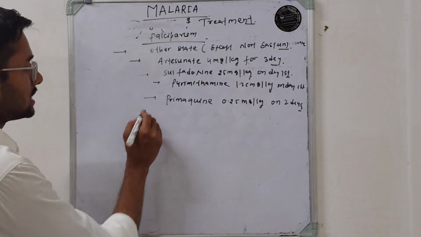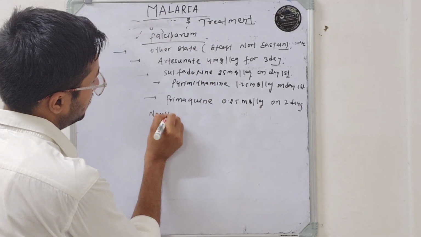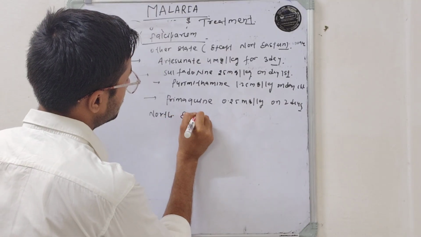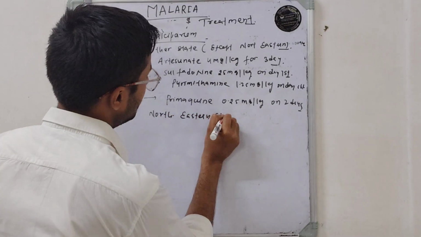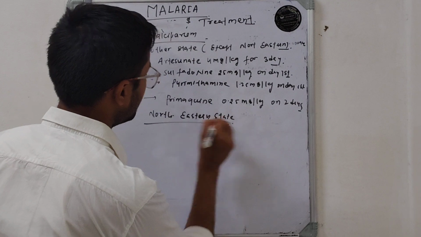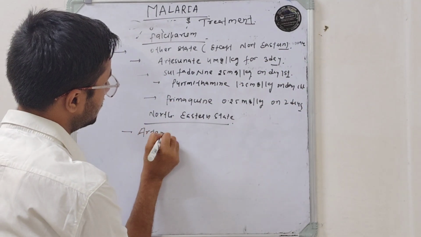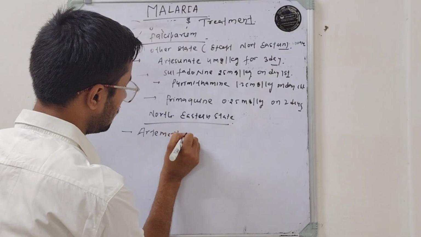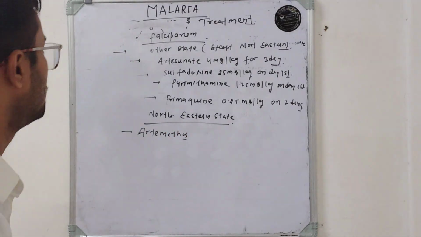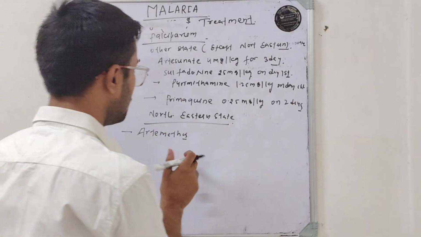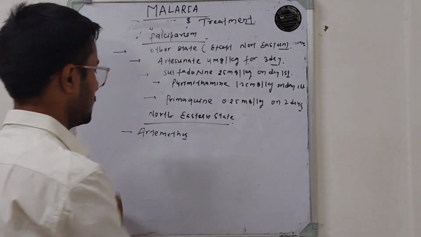What about in the northeastern states? In the northeastern states, we prefer giving artemether. This artemether is also a derivative of artemisinin. So artemether at a dose of what?